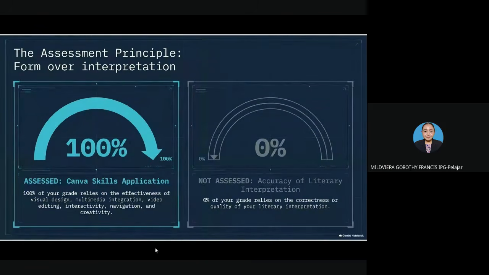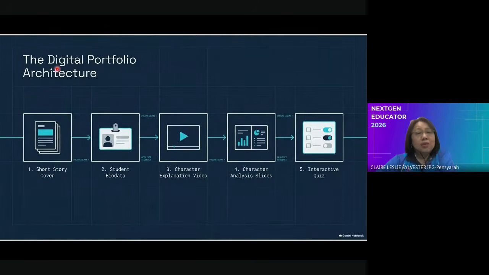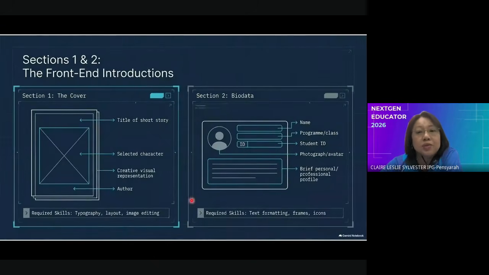Yes. Good. So how should your portfolio look like? First it should have the cover, then your biodata, the character explanation video, character analysis slides, and also the interactive quiz. All this should be in your portfolio. We expect to see that.